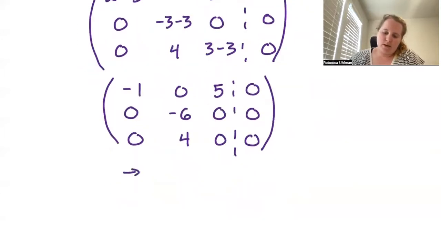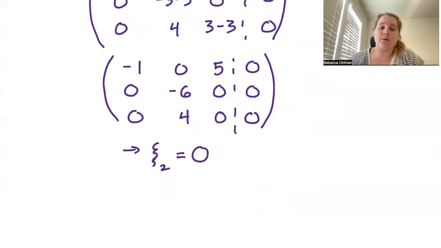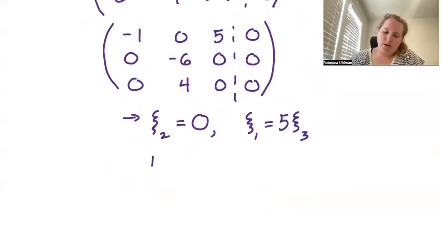We have xi2 has to be equal to 0, and our only other restriction is that xi1 is equal to 5 times xi3. So we can pick xi3 to be equal to 1.